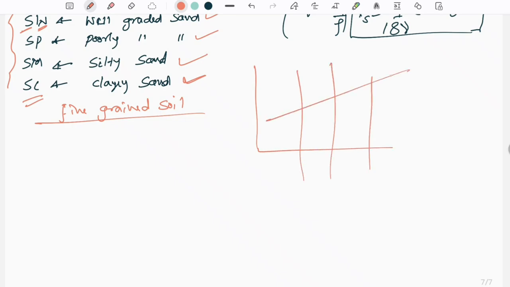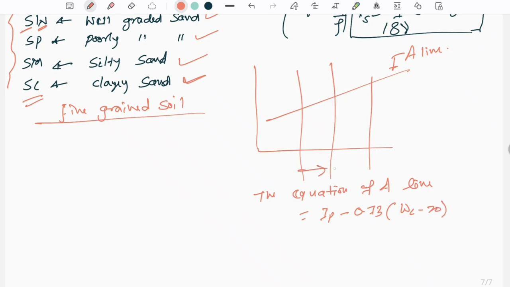Here is a line, this is called the A line, and the equation of the A line is IP equal to 0.73 into (WL minus 20).